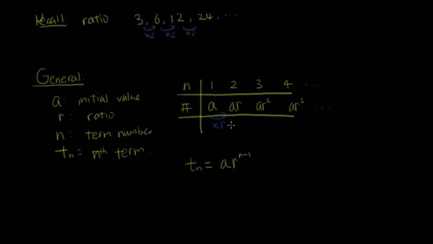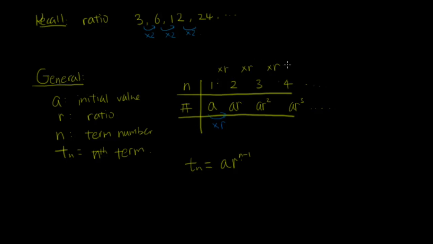As we can compare this to the arithmetic sequence, we have 3 spaces between 4 numbers, so there are 3 r's in between, so that's why we have 4 minus 1. We compare this n minus 1 in the geometric sequence to the arithmetic sequence, and we have the same thinking that there are 3 spaces in between, so therefore there are 3 r's.